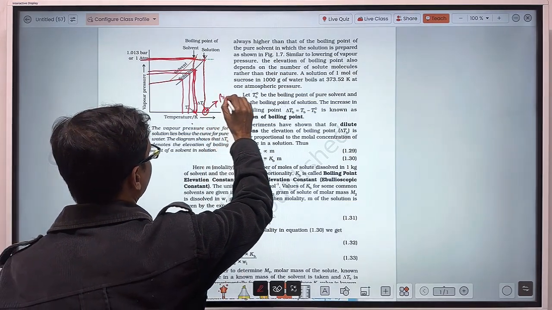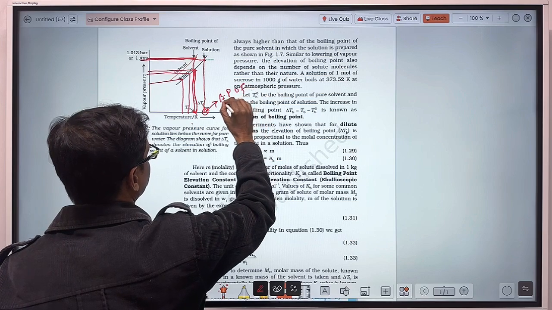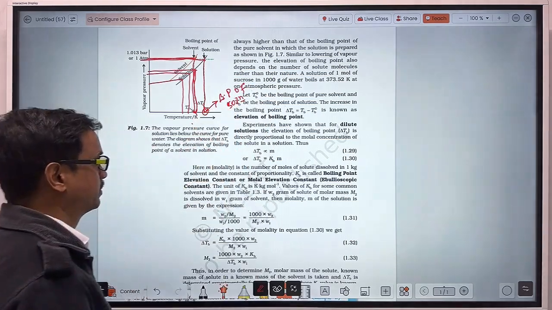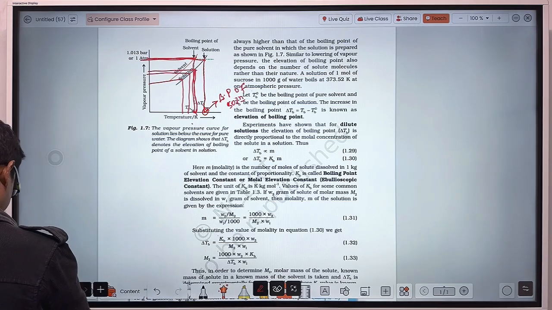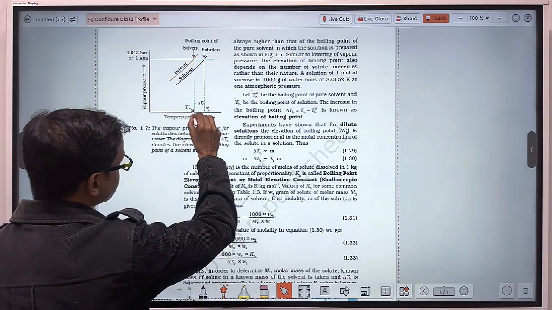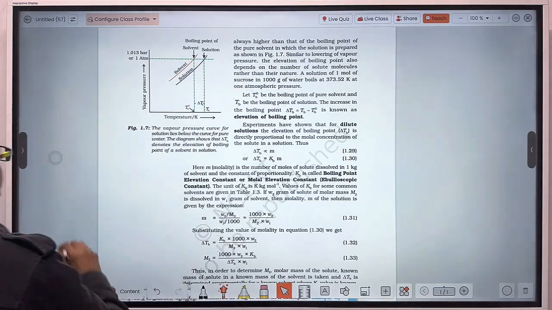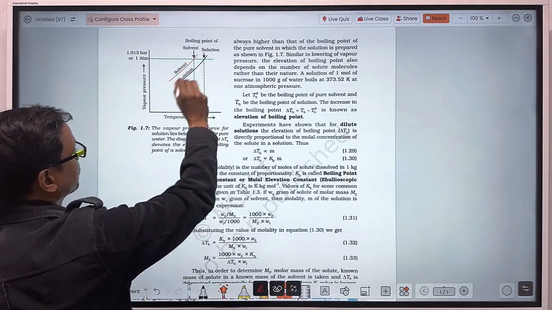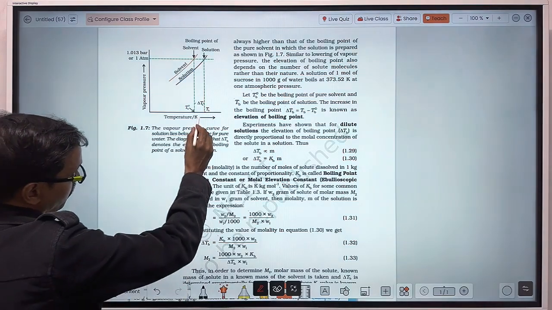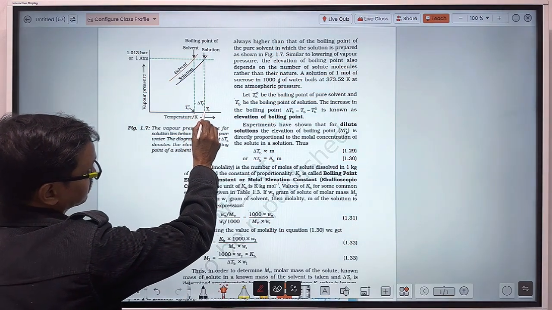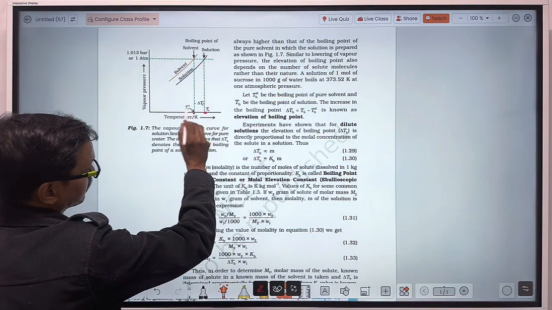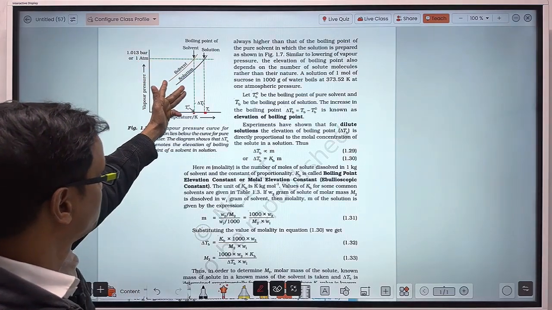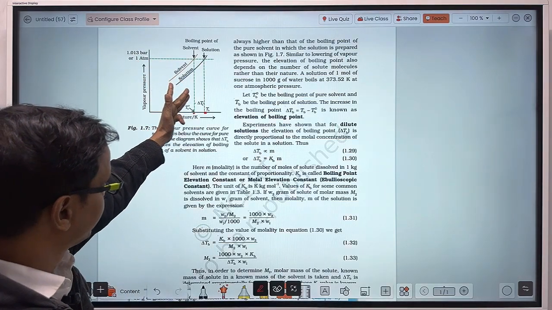So, this temperature is the boiling point of the solvent and this temperature is the boiling point of the solution.